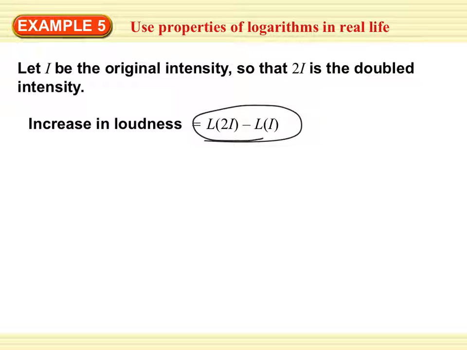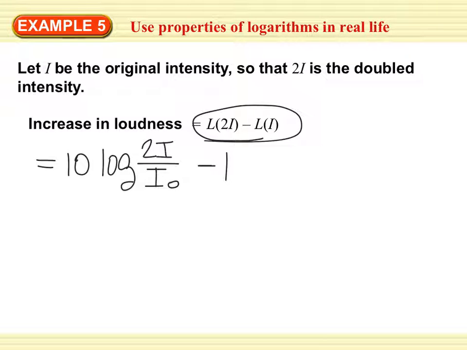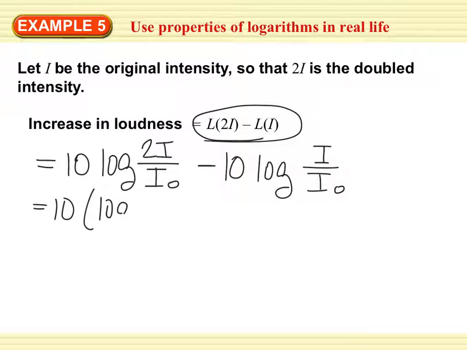That equals 10 times log of 2I over I sub 0 minus 10 log I over I sub 0. I'm going to factor that 10 out because it's just a lot. Log 2I over I sub 0 minus log I over I sub 0.